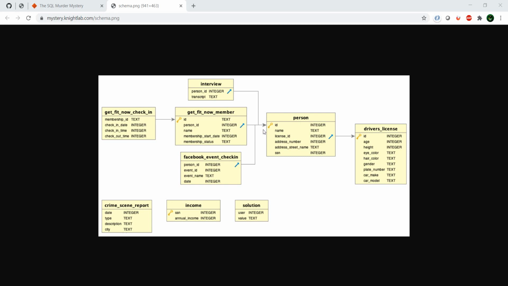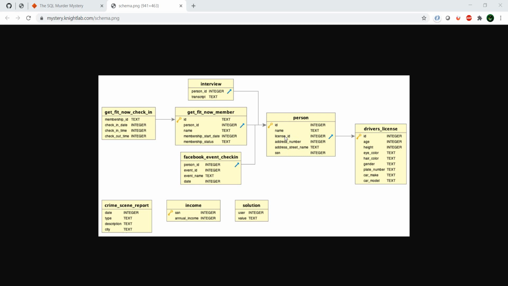When you have this key here, this is the primary key, and it also shows you these arrows here and there. So for example, this license ID has the same values as this ID from the driver's license table. This is actually a secondary key, if you want, and it doesn't have the uniqueness pattern in this table.